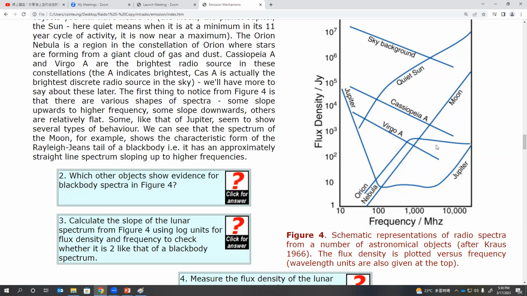This satisfies what I introduced to you, the Rayleigh-Jeans approximation. So this is a spectrum. When you get such a result, you know that some of the objects that we detect follow the emission mechanism of so-called thermal blackbody radiation. So the quiet sun, moon, and part of the Orion Nebula M42 and Jupiter, in some sense. Can you follow?